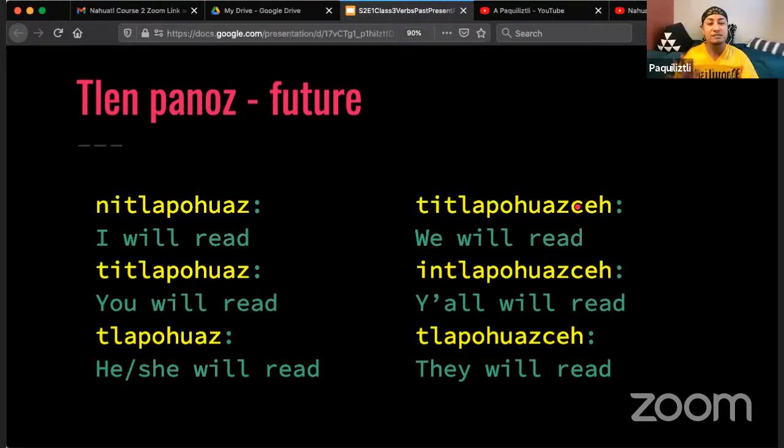However, just be aware that titlapohuase, intlapohuase, tlapohuase, this is the Huasteca way to do the future tense, but other varieties will say titlapohuasque, intlapohuasque or antlapohuasque or tlapohuasque. So in our variety, that K sound kind of got deleted, but in other varieties, it's still there.